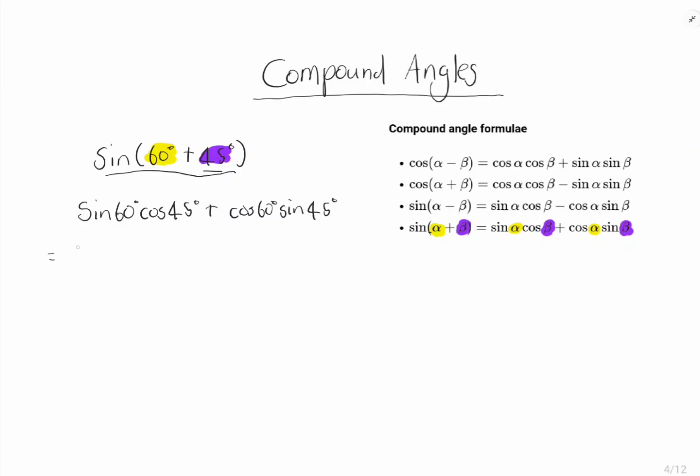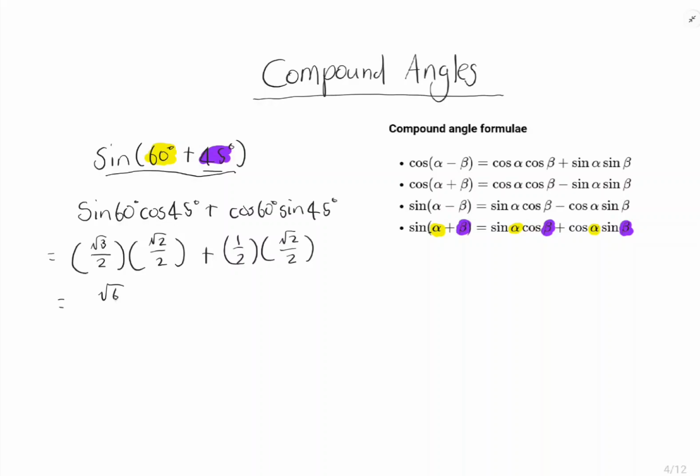So sine 60, we know that it's square root 3 over 2, and then cos 45 is square root 2 over 2, plus cos 60 is 1 over 2, and sine 45 is square root 2 over 2. And now there you go. You can easily simplify them.